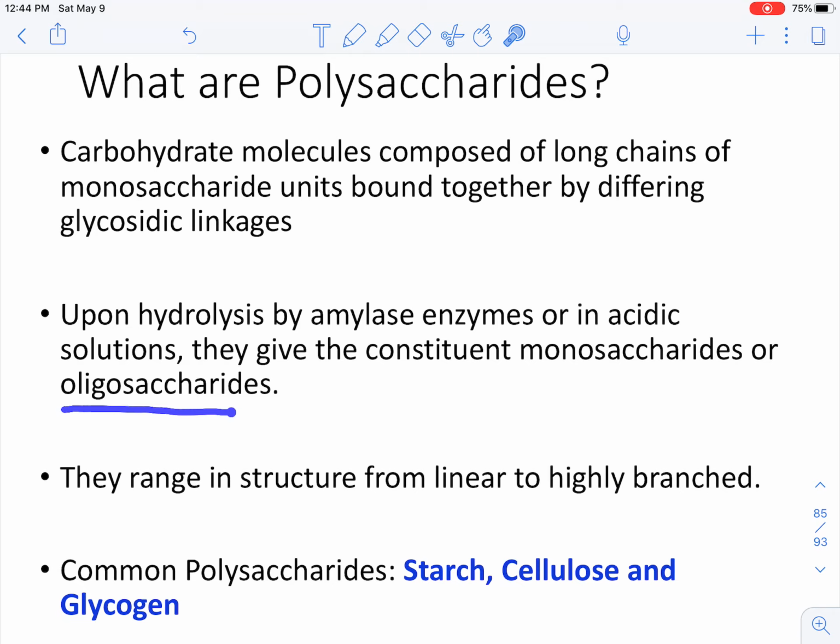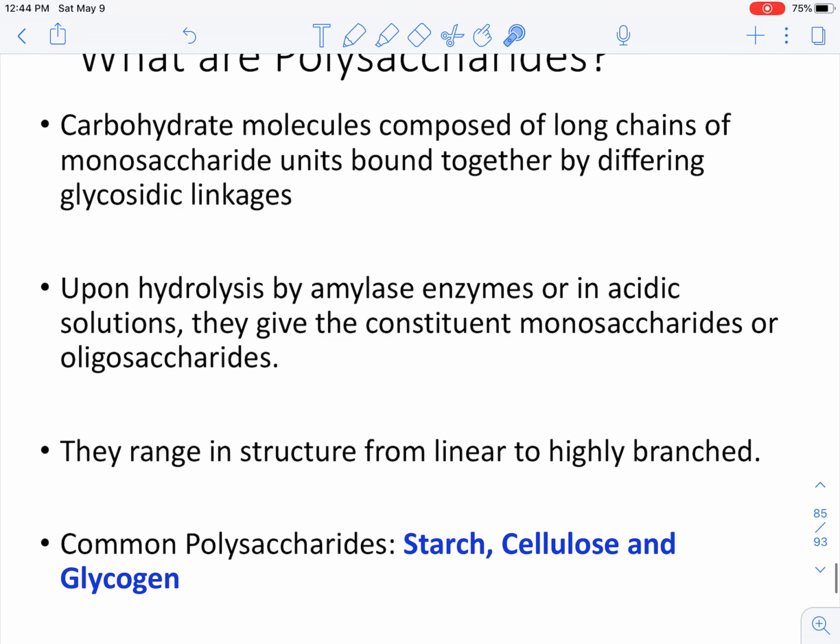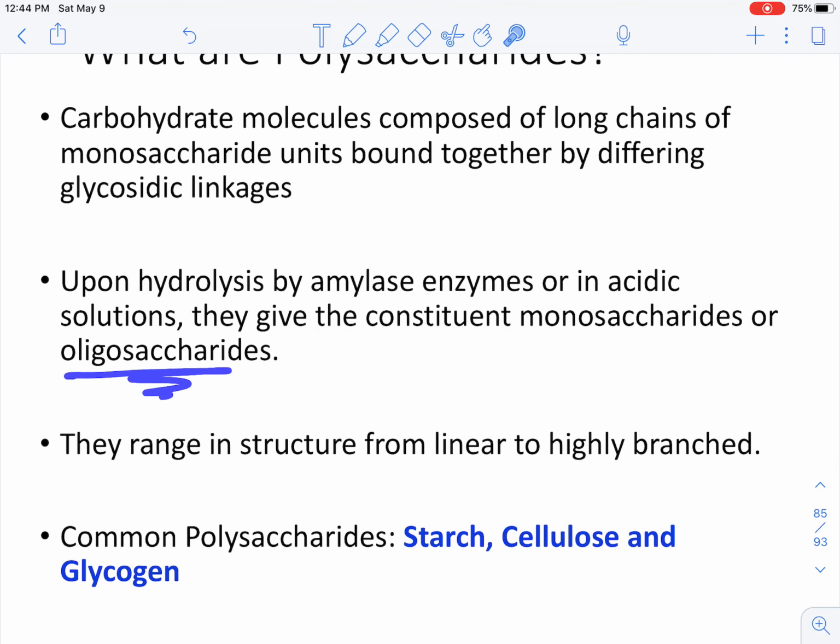However, in the context of how I'm using oligosaccharides, they're just going to be chunks of polysaccharides that are not completely digested. However, oligosaccharides do have a strong role in cell recognition.